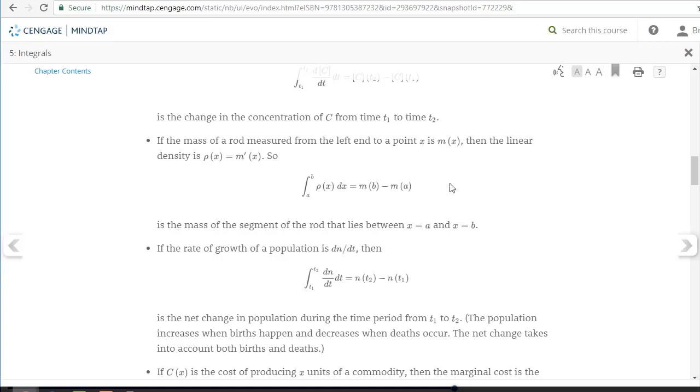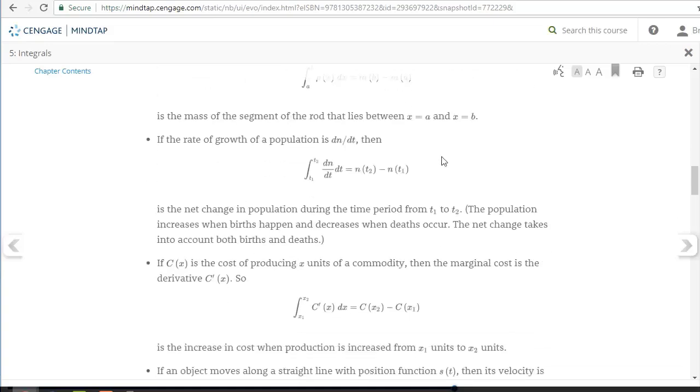I have a rod made up of metal. If I have a population n, its rate of change, its growth, is dn/dt. If I integrate the growth rate of the population, that's going to give me the net change in population from one time to the next.